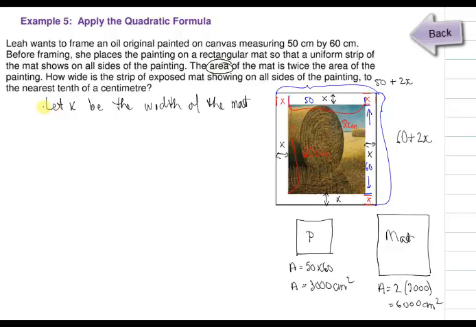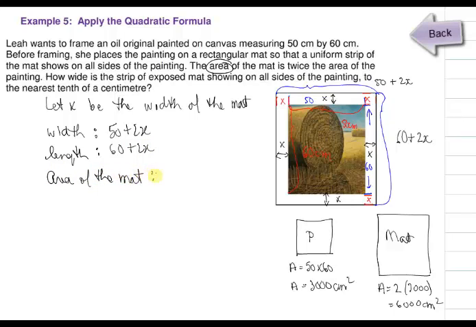All right, so let's write down what we know. We know that the width is 50 plus 2x. We know that the length is 60 plus 2x. And we know that the area of the mat is 6,000.